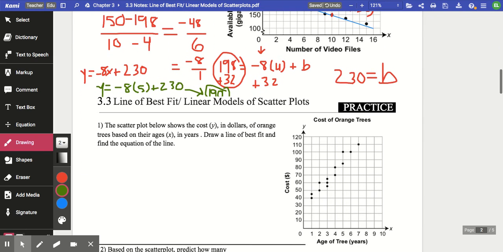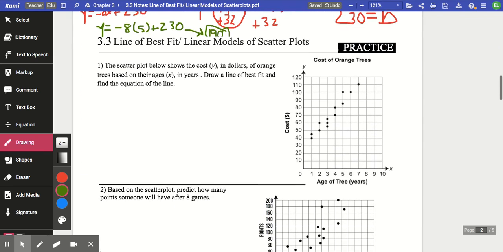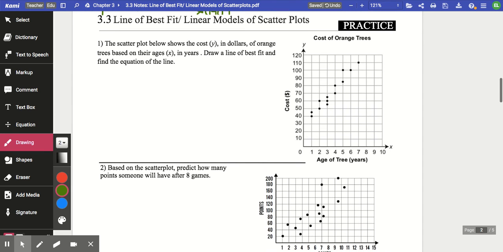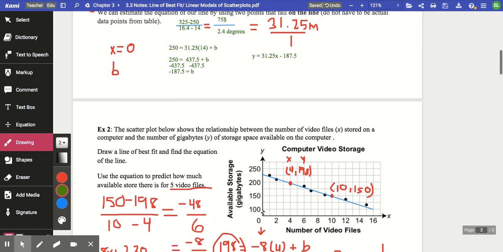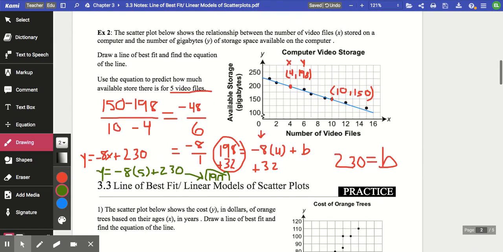At this point, go ahead and start working on your practice questions. Notice the first problem, you will be drawing a line of best fit and then finding the equation, just like we did in example 1 and example 2.